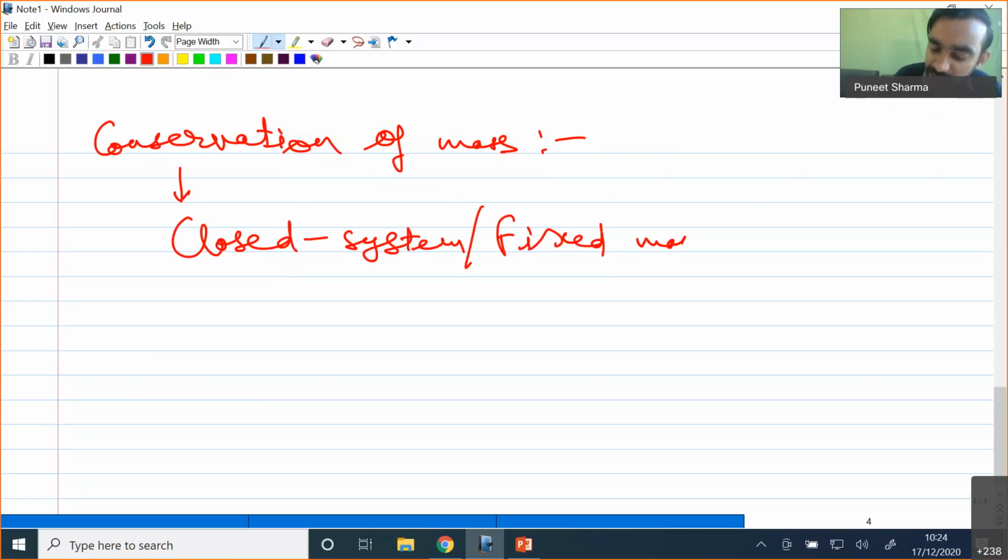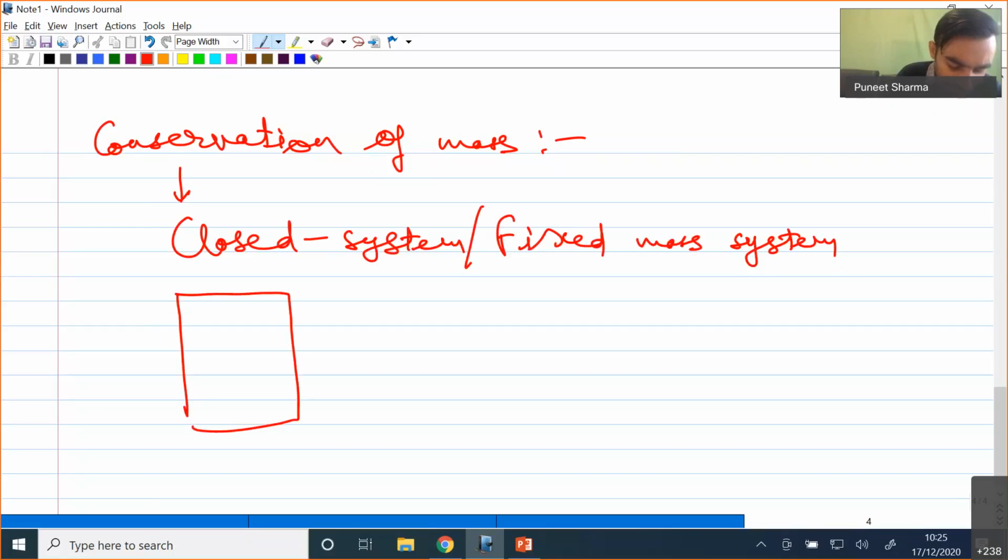From our basic understanding earlier, if we have a closed system, it means we will not have any interaction of mass across the boundary.